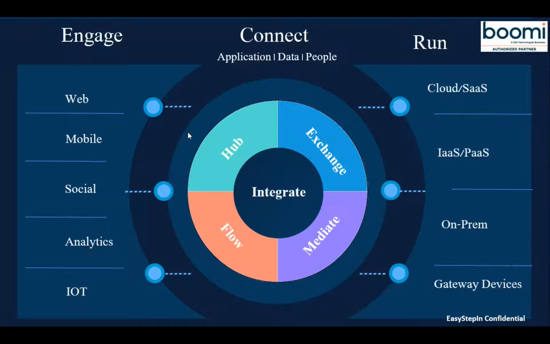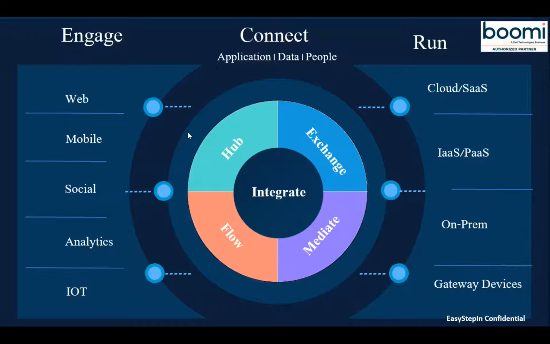Dell Boomi also provides various technology landscapes within the Boomi platform, such as Integrate, Hub, Exchange, Mediate, and Flow. Integrate is where you build your integrations to move data from one application to another.